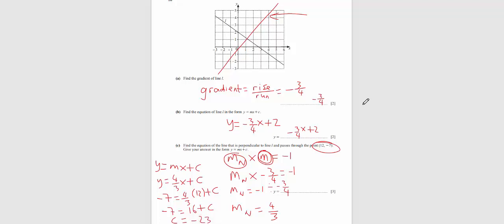So we already have the c, then we know our equation will be y is equal to 4 over 3x minus 23. Okay, so that's our equation of the perpendicular line to the line L.